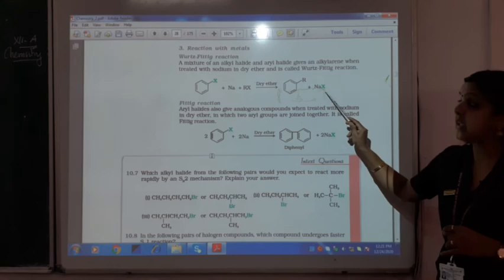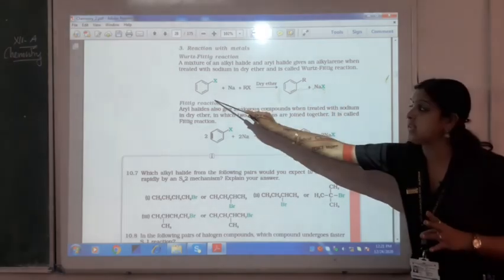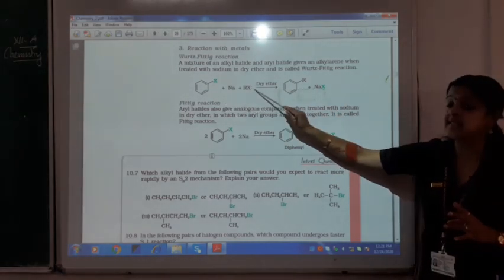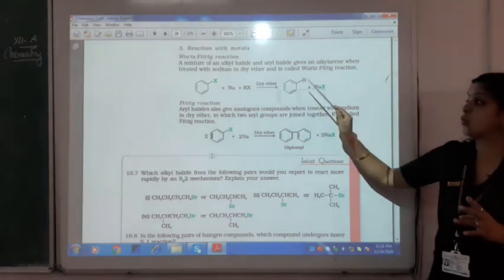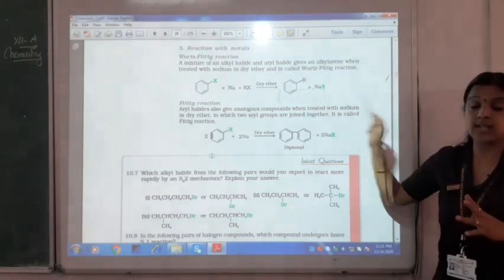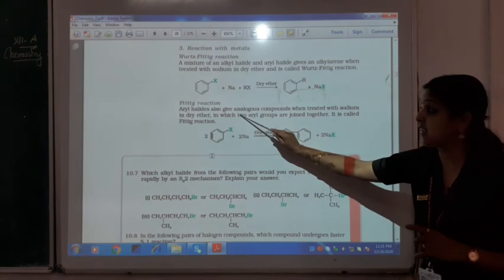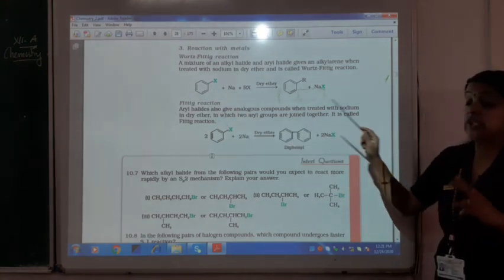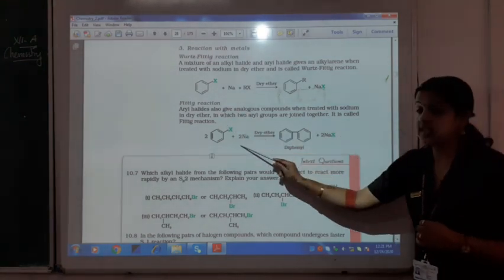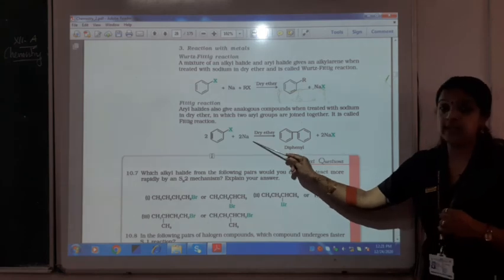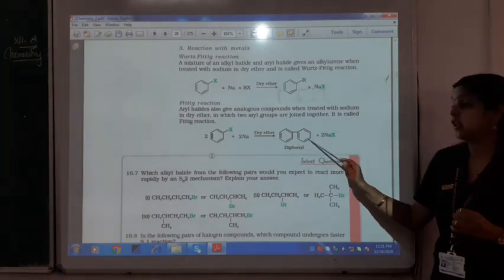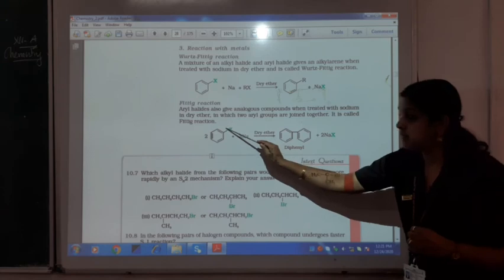So in Wurtz-Fittig, only one haloarene reacts with sodium and RX in the presence of dry ether. You get one molecule of aromatic hydrocarbon. But in the Fittig reaction, two molecules of aryl halide react with two atoms of sodium in the presence of dry ether to form diphenyl.